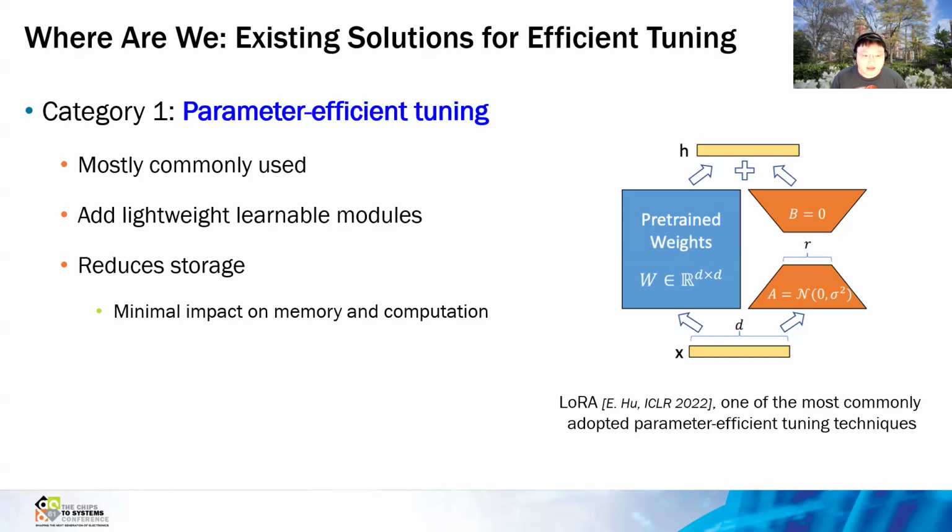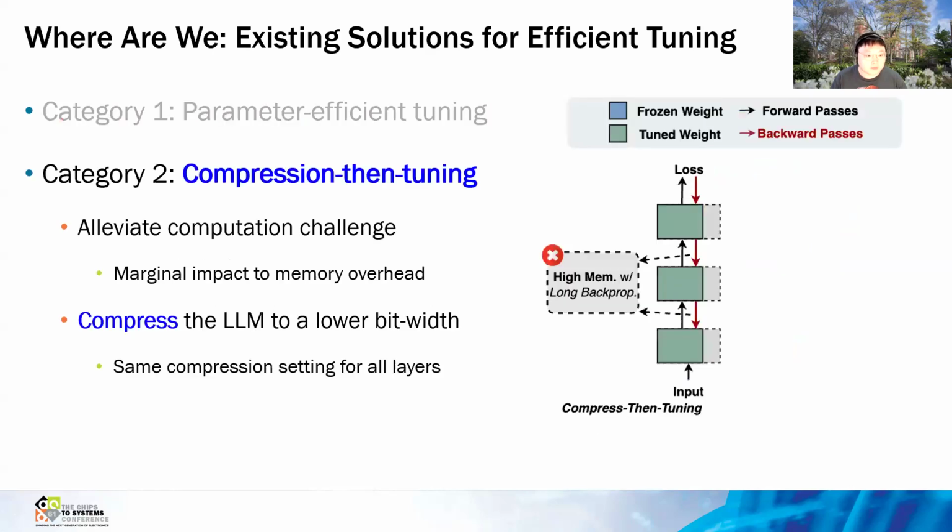The idea is that it will add lightweight learnable modules in parallel with the pre-trained backbone weight or insert between the different layers of the LLM. This can effectively reduce the storage for LLM when you need to scalably tune on multiple tasks and store an LLM for each task. But they actually have minimal impact on memory and computation overhead.